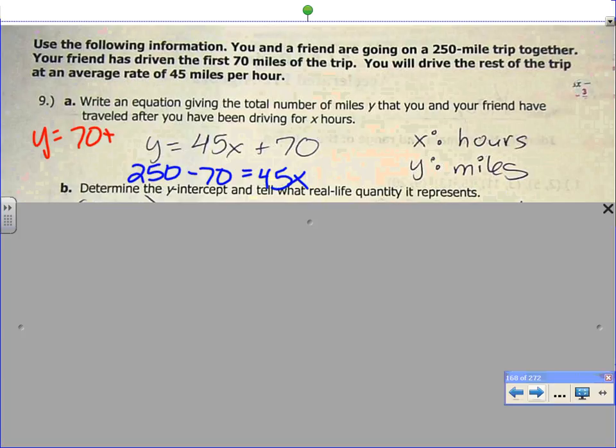So 70 plus, and then they tell me that it's 45 miles per hour, and I'm going X hours. So if I drove 1 hour, I'd go 45 miles. If I drove 2, I'd go 90. If I drove 3, I would go 135. You're multiplying those two together. So 45 times X.